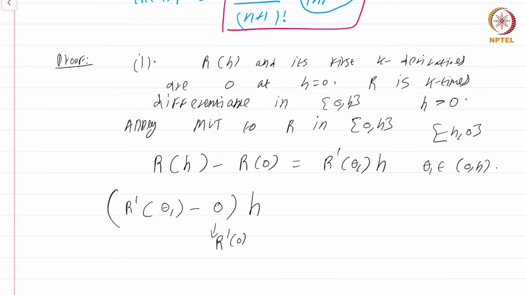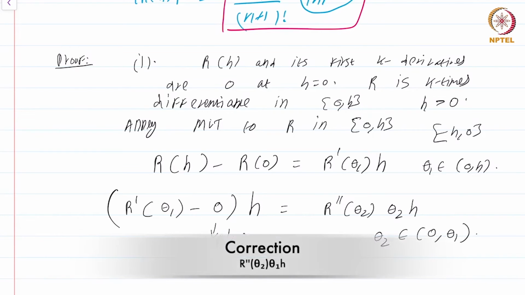So you can apply the mean value theorem again now to the function R prime to get R double prime of theta 2 times h, where theta 2 lies in (0, theta 1), right? So this is just applying the mean value theorem again.